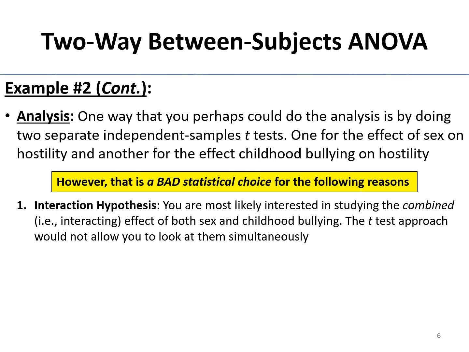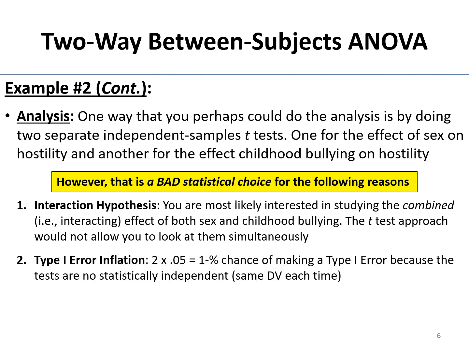That's called an interaction hypothesis, and you are most likely interested in studying the combined or interacting effect of your independent variables, in this case both sex and childhood bullying. The t-test approach is literally just 2 completely separate tests that pretend the other independent variable doesn't even exist in your study, and so you don't even get to look at that effect if you use this incorrect approach.